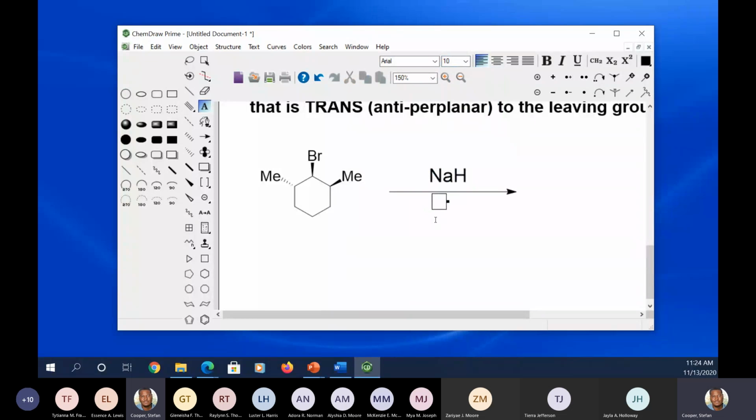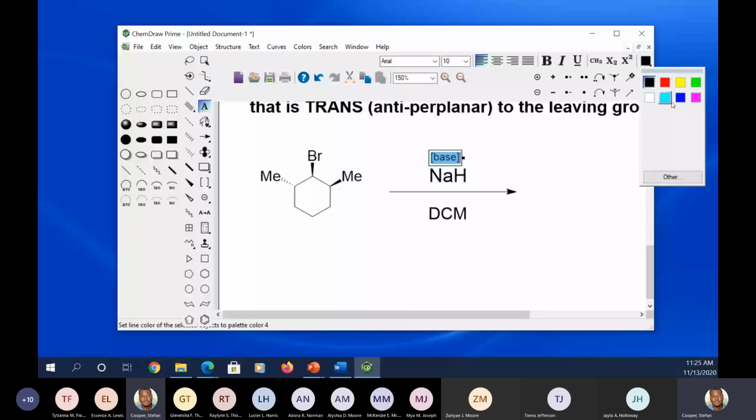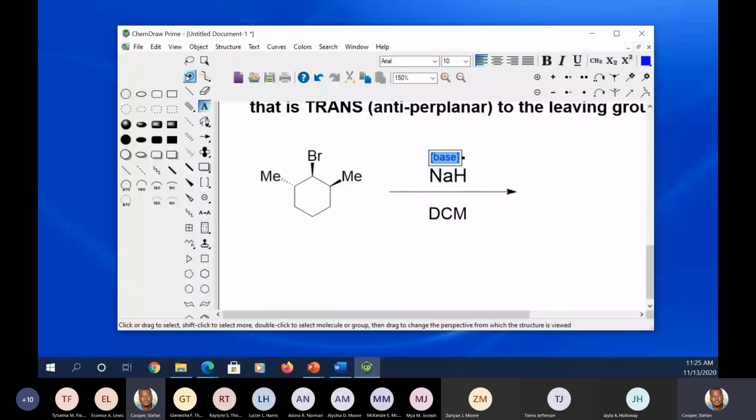I'm going to react this in THF. So this is a base. Sodium hydride is definitely a base. It's not even nucleophilic at all. And it wants to pull a proton. So I need to think about where are the protons.